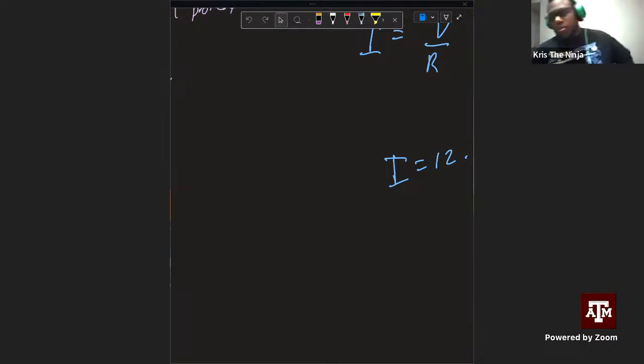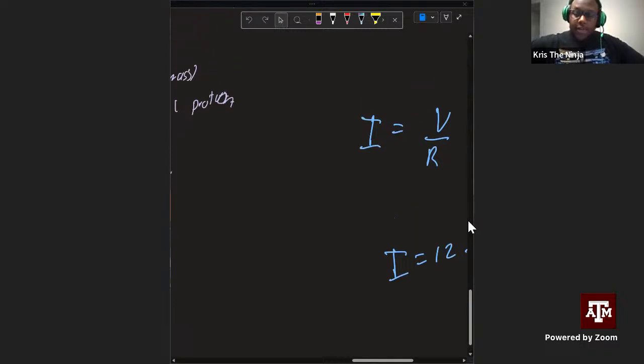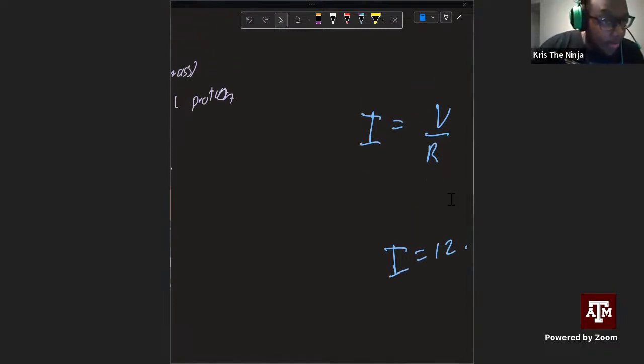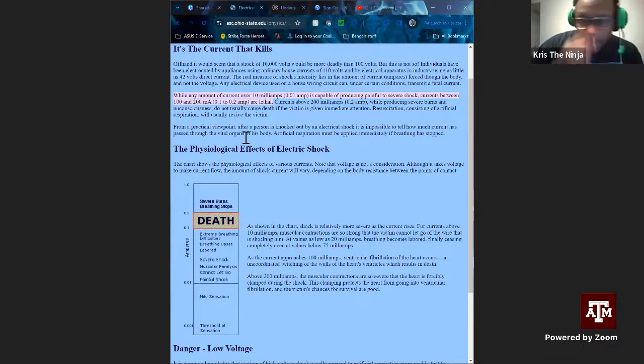Well, that's a different concept. I'm talking more about how dangerous amperes are just by themselves. There are going to be situations where you have a lot of high amp applications.